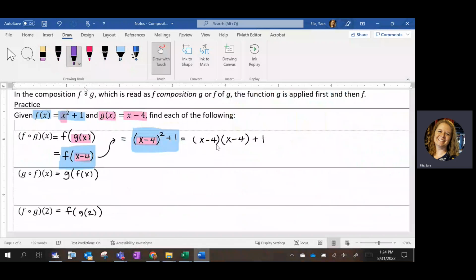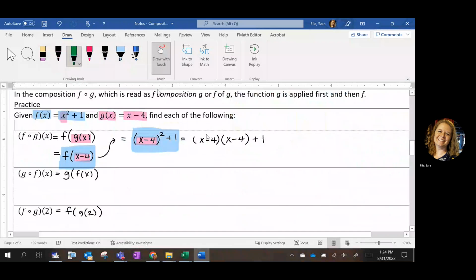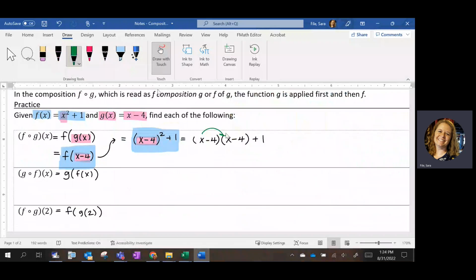To simplify this, I would FOIL. First, outer, inner, last. So x times x is x squared. X times negative 4 is negative 4x. Negative 4 times x is negative 4x. And negative 4 times negative 4 is positive 16. And then you've still got the plus 1.